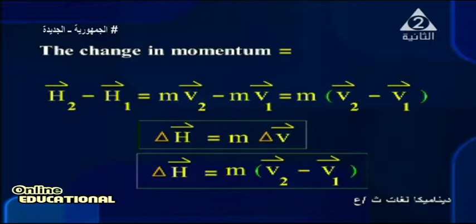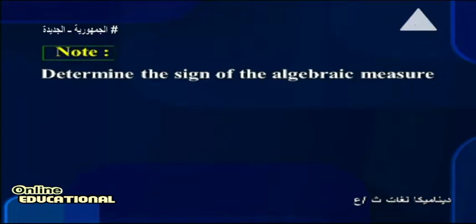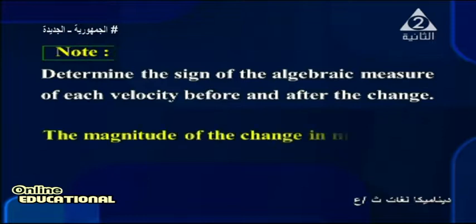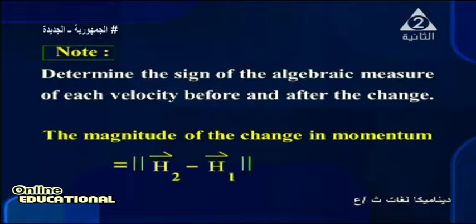We have vectors v2 minus v1, and we must note that we determine the sign of the algebraic measure of each velocity before and after the change. And the magnitude of the change in momentum equals the norm of vector h2 minus vector h1.